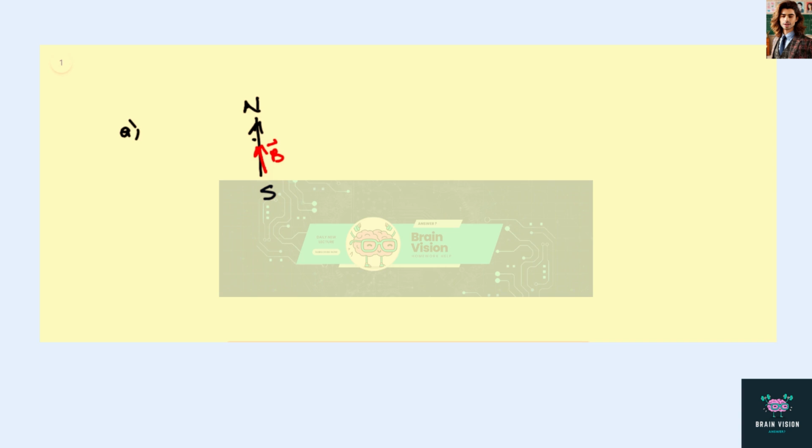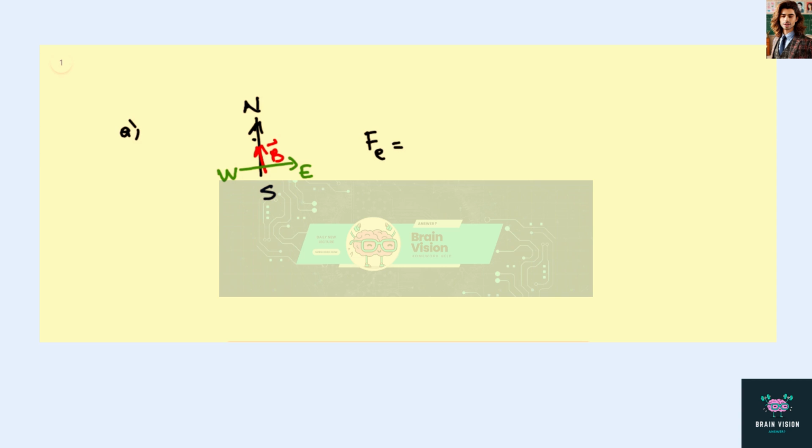And the orientation of the current carrying wire is given to us as from west to east. We are trying to determine the magnitude of the force that the Earth exerts on the wire.